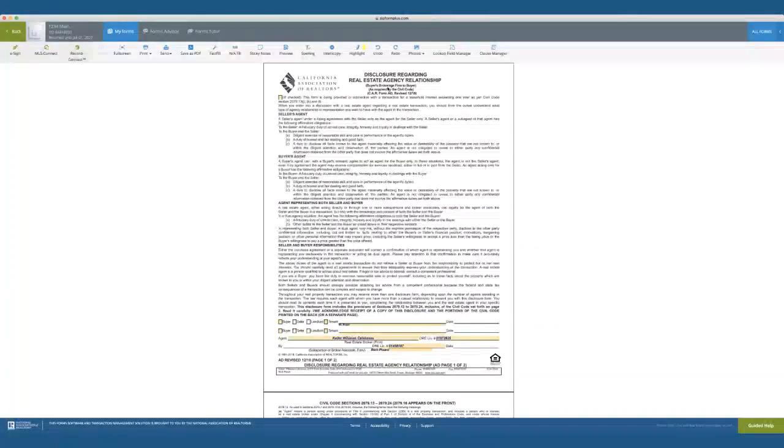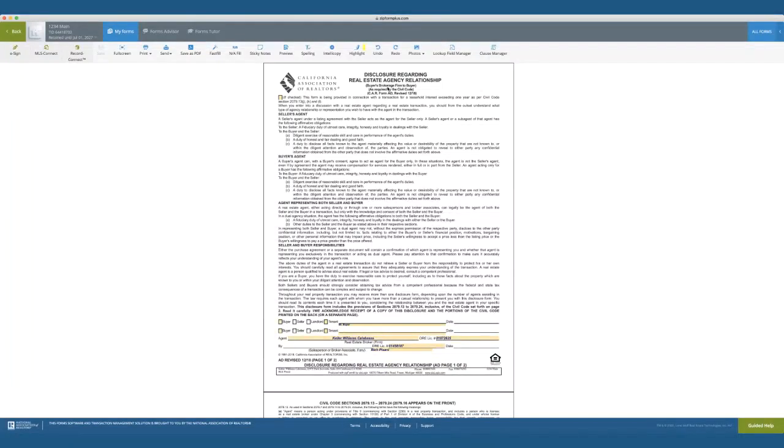So if you represent the buyer and the seller's agent is another agent at your office, another agent at Keller Williams Calabasas, and this listing that I pulled up just so happens to be David Smith at Calabasas, that would be a dual agent situation, because David is at Keller Williams Calabasas and I am at Keller Williams Calabasas, and they share two things.